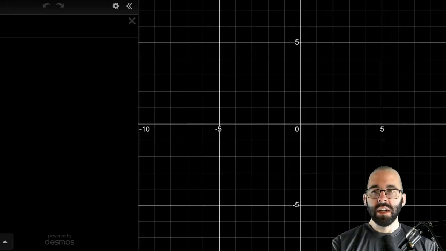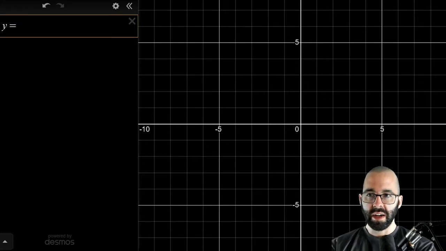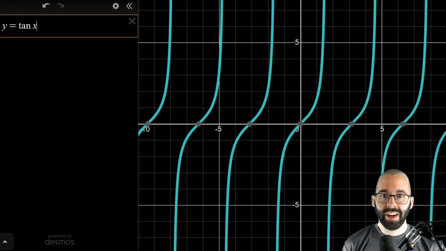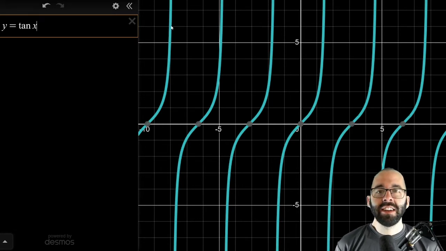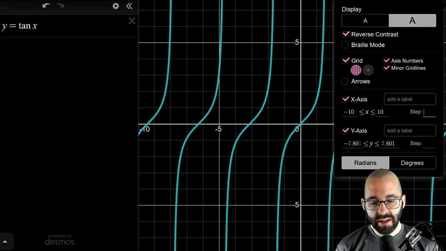If we pull up Desmos and say, I want to see what tangent looks like, you click over here, type in y equals tan x, and whoa. It is also periodic. Tangent also repeats. And yeah, it shoots off to infinity. Let's change things in terms of pi.